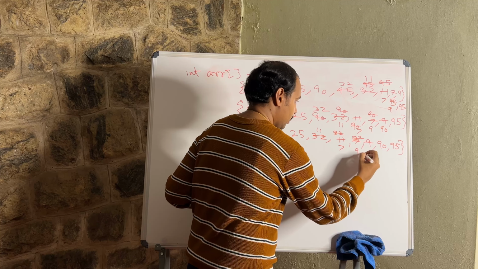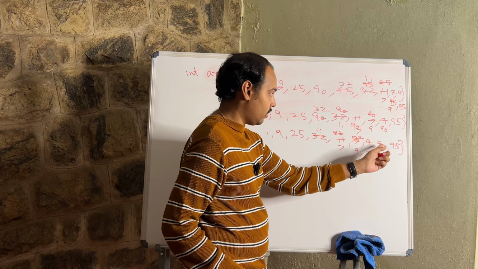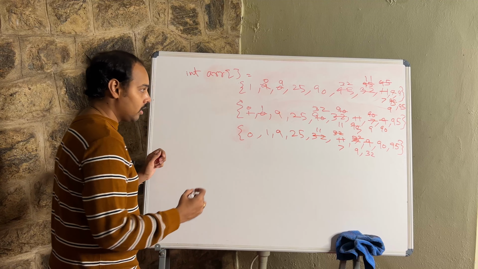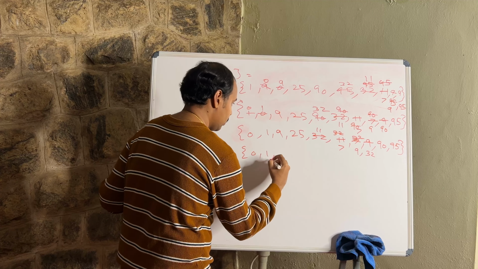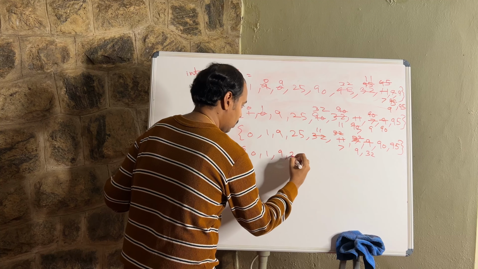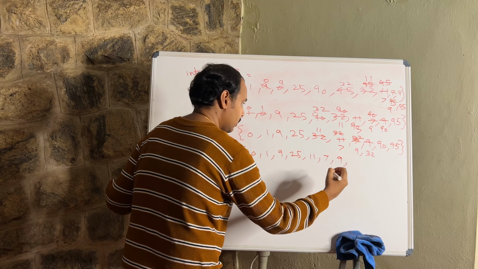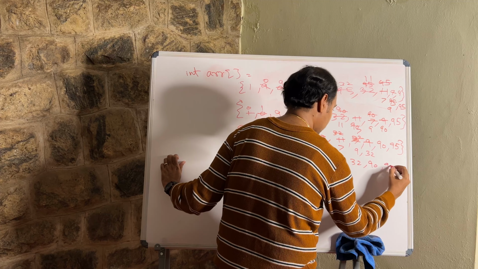So 9, 32. Is 32 less than 90? Yes. Is 90 less than 95? Yes. So this is the result of the third iteration: 0, 1, 9, 25, 11, 7, 9, 32, 90, and 95.